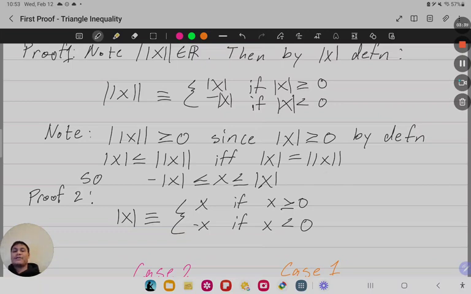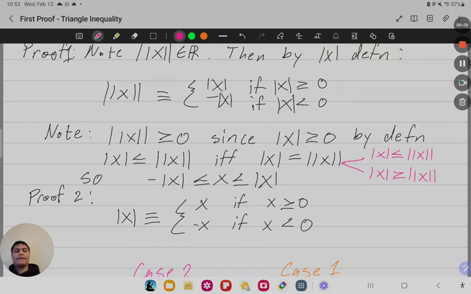And this is true because there are two cases here. Either the absolute value of x is going to be less than or equal to the absolute value of the absolute value of x, or it's going to be greater than or equal to the absolute value of the absolute value of x.